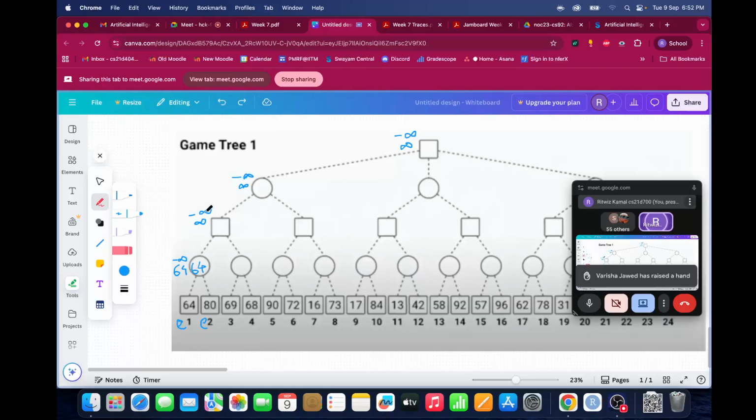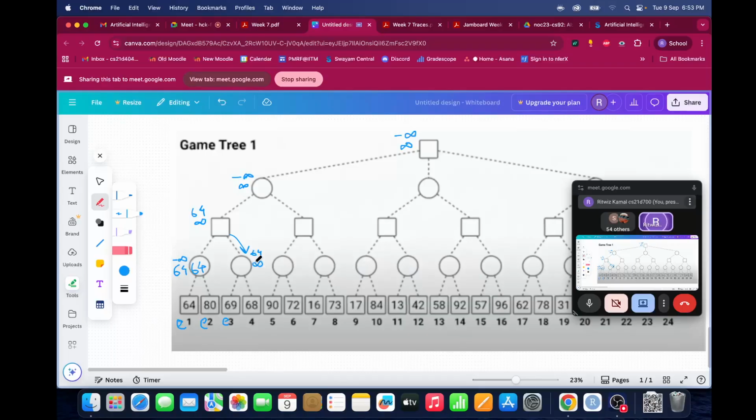Because minus infinity is smaller than 64, so you replace minus infinity with 64. Now this will be passed on to its next child, so this will have 64 and infinity. Now this E3 will return a value of 69.